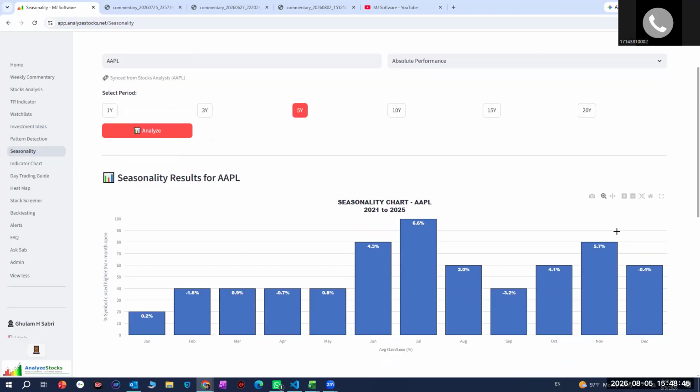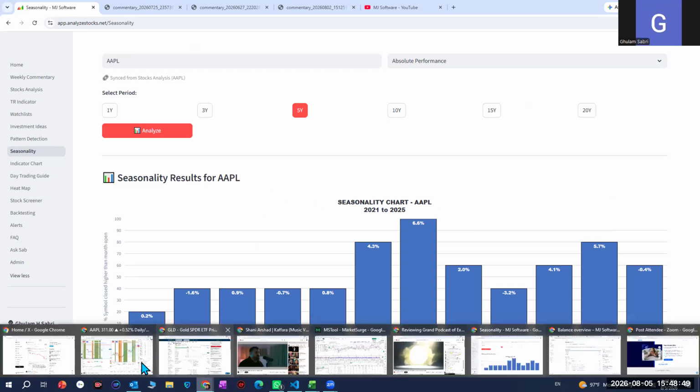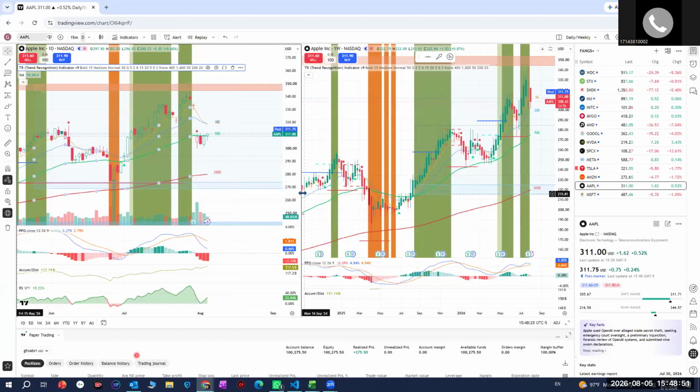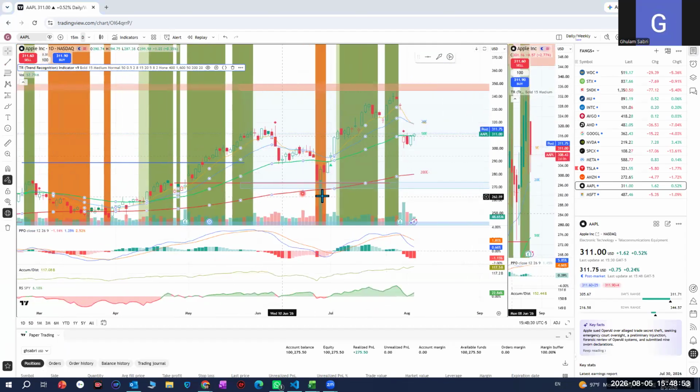You mentioned a stop loss of $14 on Apple, and that was based on the 200 EMA. That was based on this, on the TR indicator. This is the 200-day line. We were right here, 27th of June, just before the start of July. This is the 200-day line. That was 14.